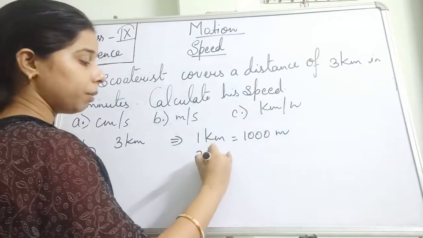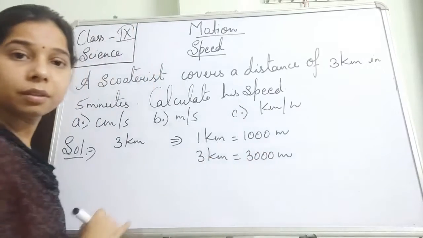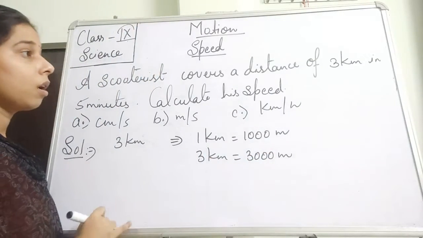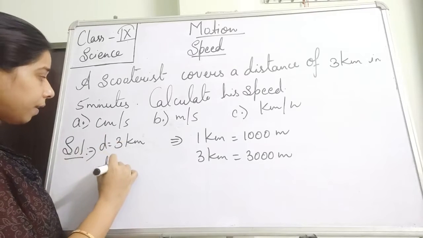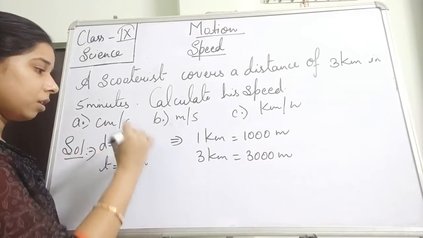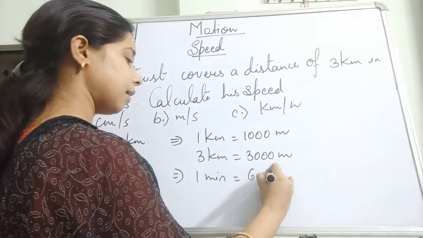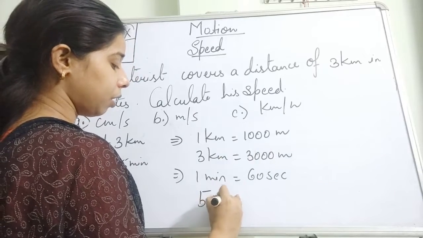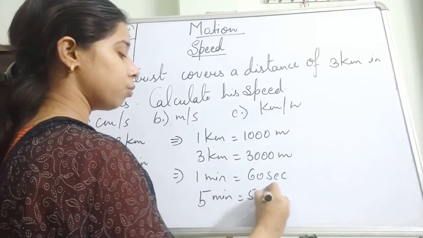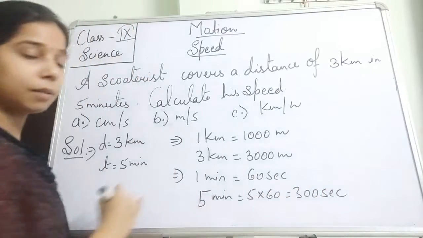So 3 kilometers will be equal to 3000 meters. Time is given in 5 minutes, and we know that 1 minute is equal to 60 seconds. So 5 minutes will be equal to 5 into 60, that is 300 seconds.